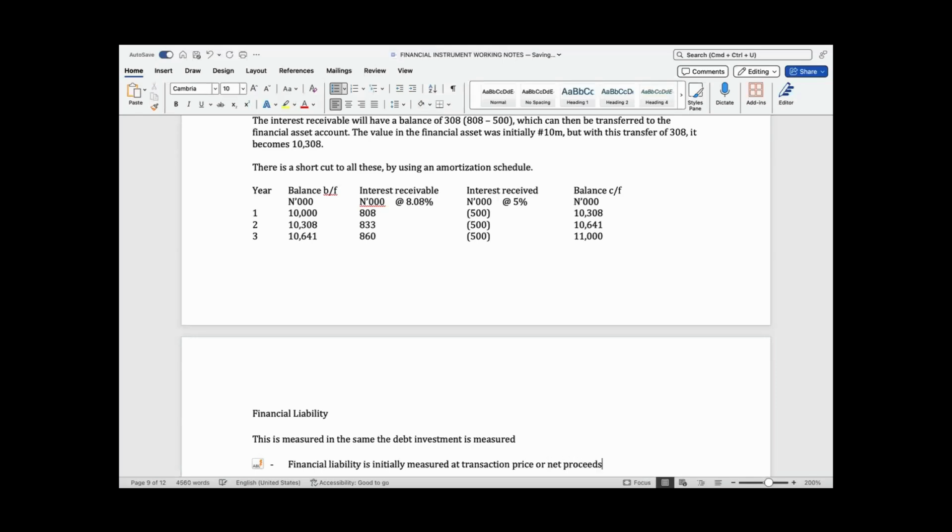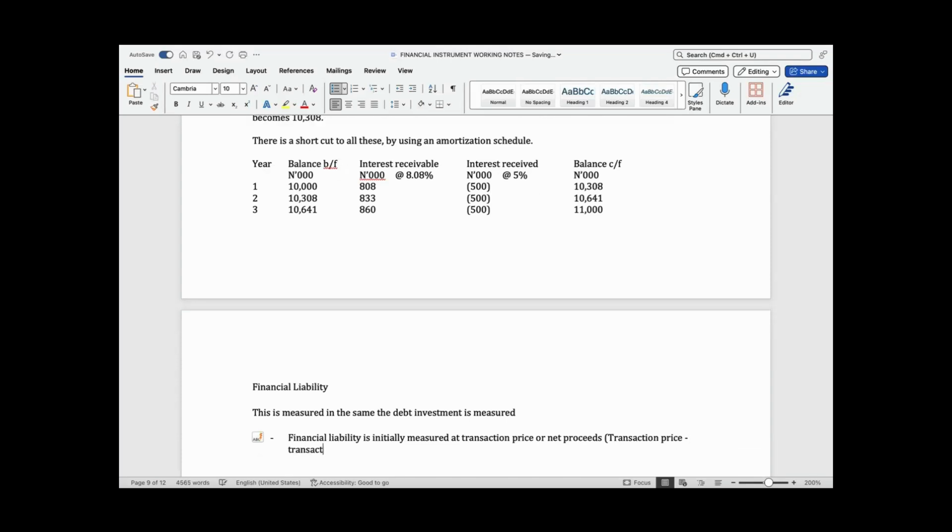Net proceeds is transaction price minus transaction costs. I'm mentioning transaction costs. For financial assets, we usually add transaction costs. We usually add it because it's an additional cost.